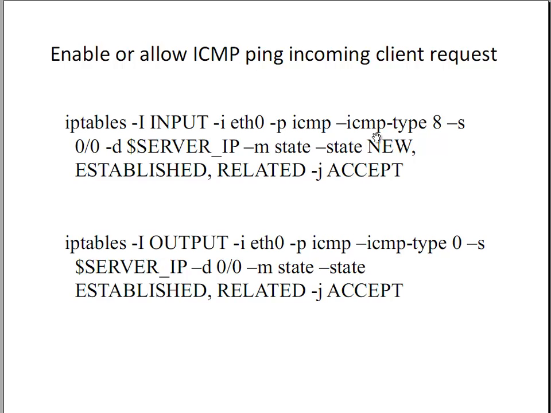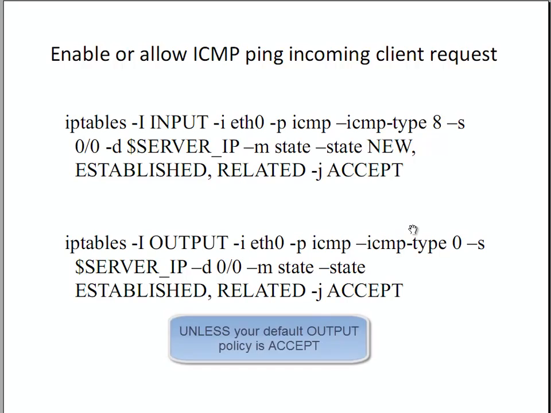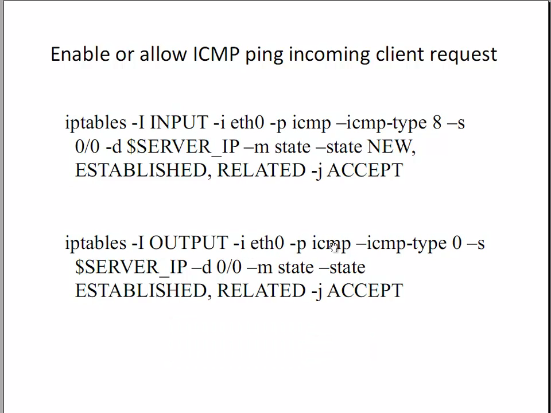If we're going to allow outgoing pings, we have to obviously also have a firewall rule that will allow for incoming responses. And so we do that here. Here we're inserting on the output chain for the interface eth0. The protocol is ICMP. The ICMP type is 0, and 0 is echo reply. -s, notice now, is the server IP, because the source is going to be sending the echo replies back to the destination computer.